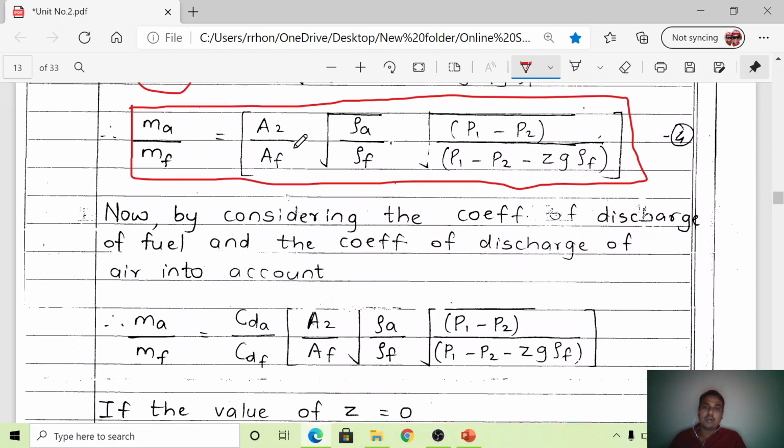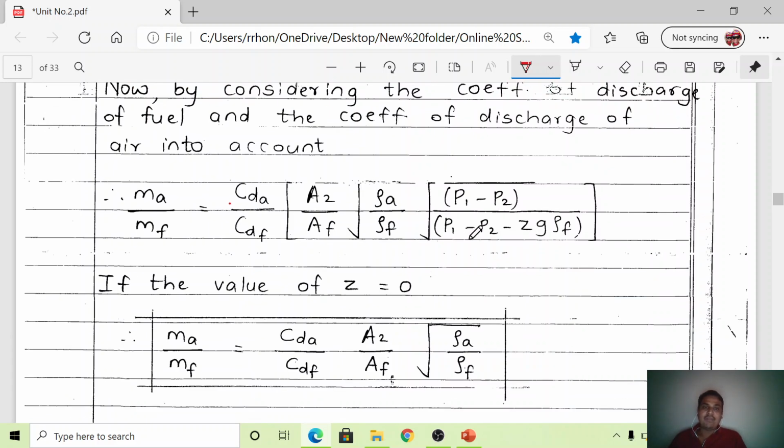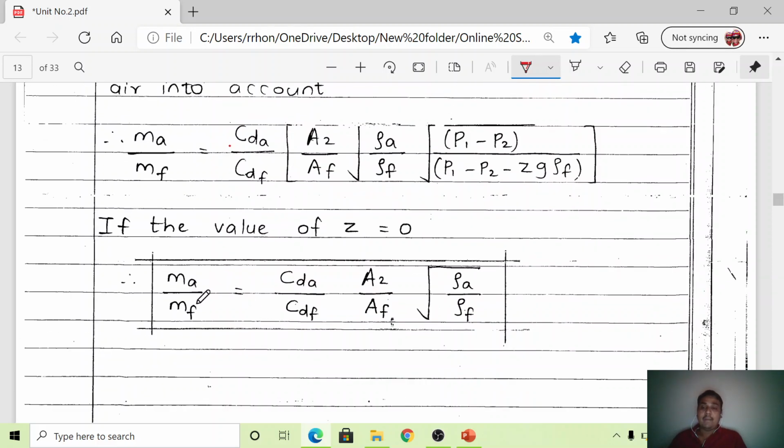So the coefficient is always multiplied to the term, so that's why we have written over here, and rewrite this equation once again. And if the value of Z is equal to 0, this whole term becomes 0, and finally we can write the equation: mass of air to mass of fuel is equal to CDA by CDF into A2 by AF into rho A by rho F under root of this particular term. So this is nothing but called the final equation of the neglecting the compressibility of air case.